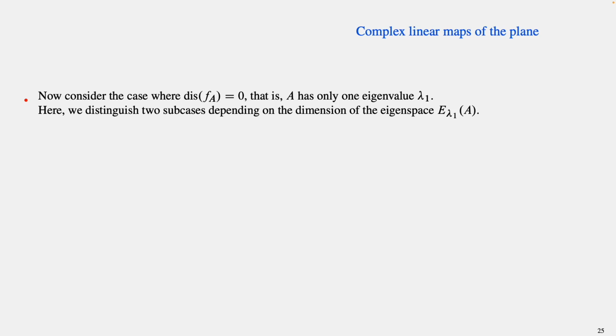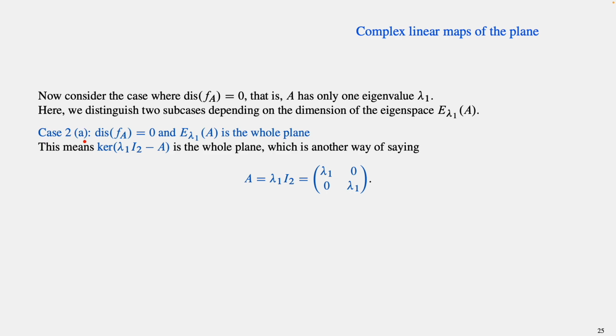Now let's go to the second case. This is the case where the discriminant of the characteristic polynomial is 0. And in this case, A has only one eigenvalue, lambda 1. And here we must distinguish two subcases depending on the dimension of the eigenspace for this single eigenvalue. So case 2a is discriminant of characteristic polynomial is 0, and the eigenspace for this eigenvalue lambda 1 is the whole plane.